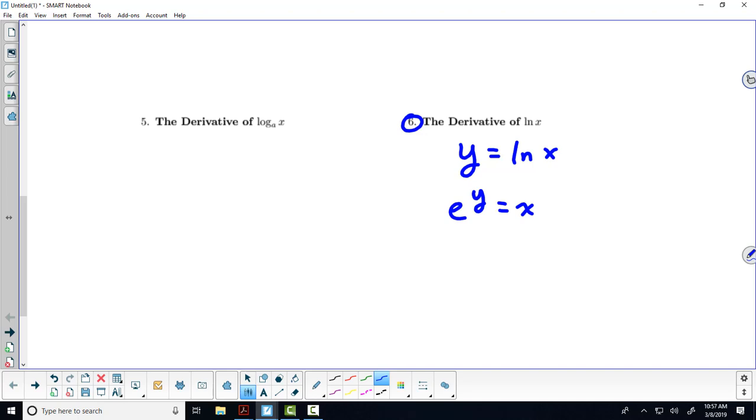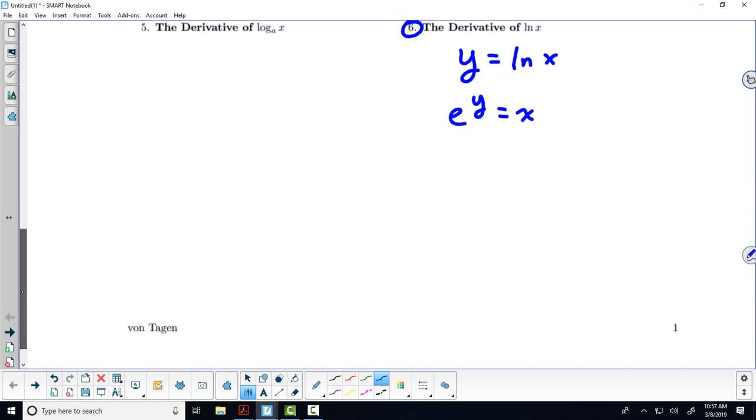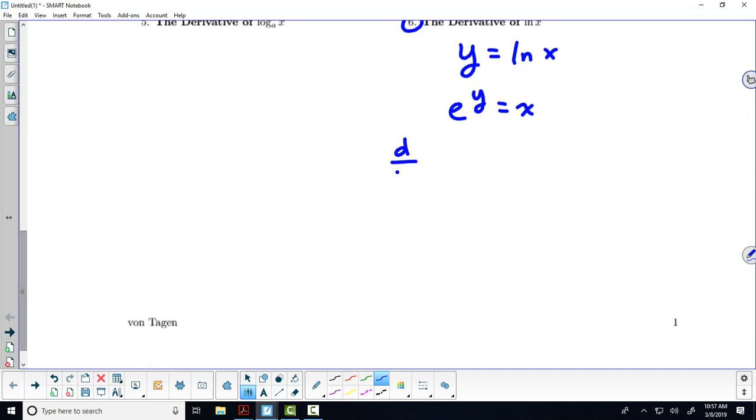So I gave the corresponding exponential equation. Do I know how to take the derivative of e to an expression? Yes. So this is helpful. Now I'm going to implicitly differentiate. That's why we had to cover that last section first. Now I'm going to implicitly differentiate both sides.